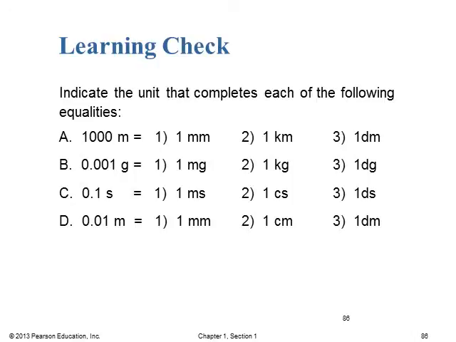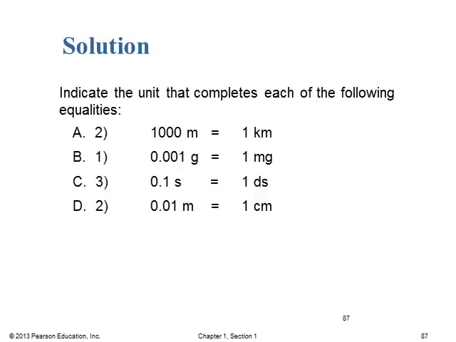So we have that in the 10th place, it's 1/10th of a second. So 1/10th is deci. So that'd be choice 3. And then question D, 0.01 meters. That's in the 100th place, 1/100th of a meter. 1/100th is centi. That'd be choice 2. And there are your solutions.